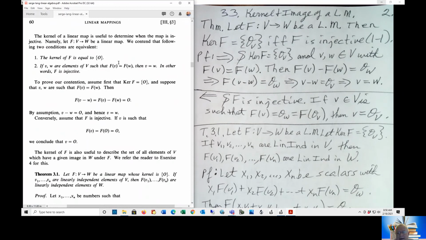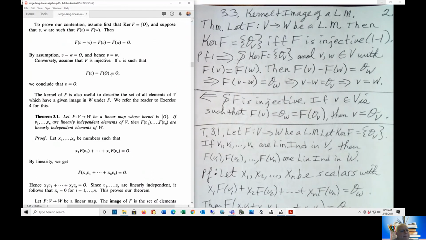We know that f maps the zero in V to the zero in W. So now we have f of v equal f of zero V. Hence, v equals zero V, since f is injective. And so it's an if and only if theorem. Very important.